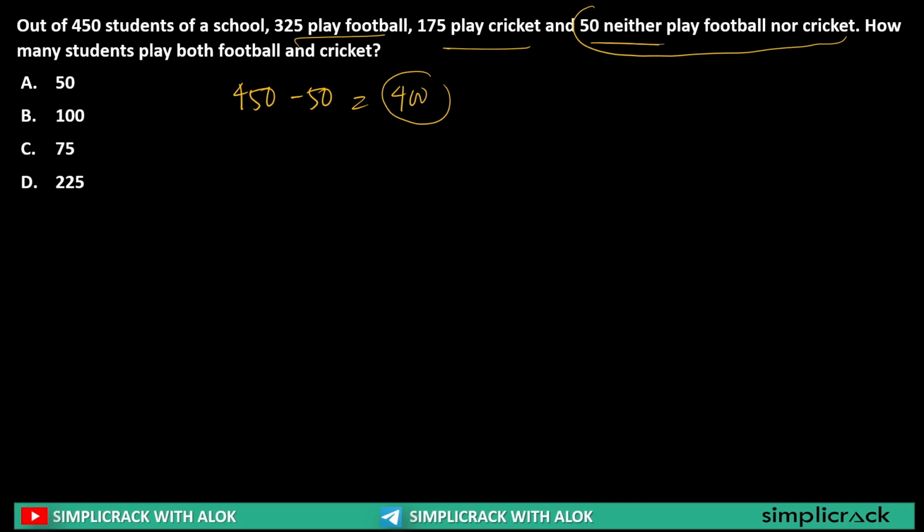Right, now 400 students play games means they play football, they play cricket, and they play football and cricket together. So these three types of students are there. Now what we know, out of this 400, 325 students play football plus 175 students play cricket, but we do not know how many students play football and cricket together.